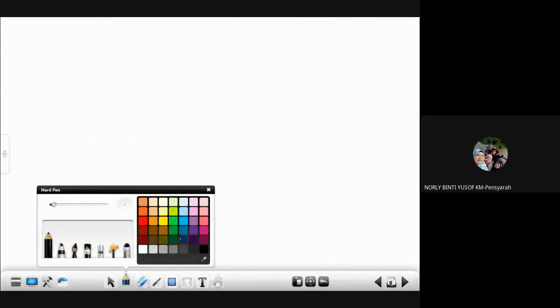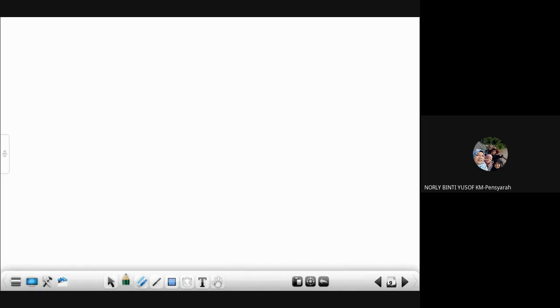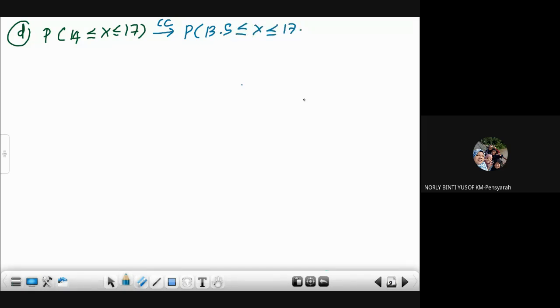So untuk D, buat CC. So dapat 13.5 dengan 17.5. Sebab apa?